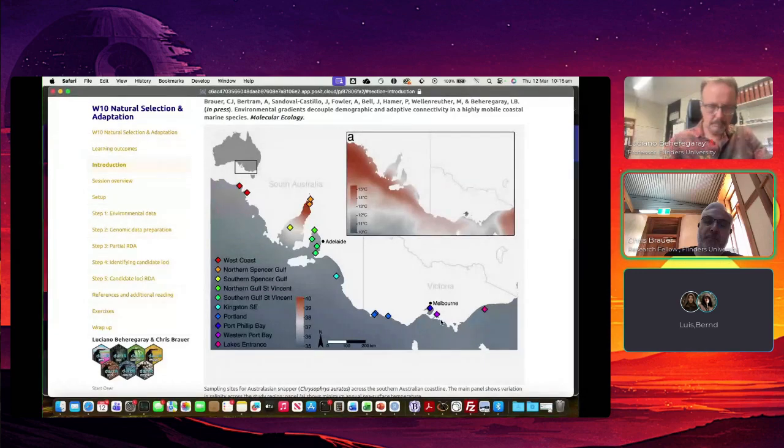And I guess the main biological or ecological features to think about are the gulfs and embayments. So we've got Port Phillip Bay and Westernport Bay in Melbourne, and then Gulf St Vincent and Spencer Gulf in South Australia. The Spencer Gulf and Port Phillip Bay areas are really important spawning grounds and nursery habitats for the species.